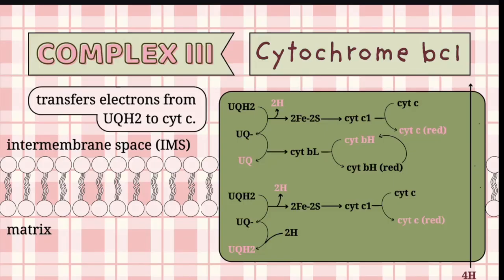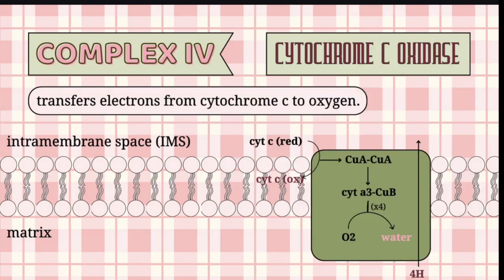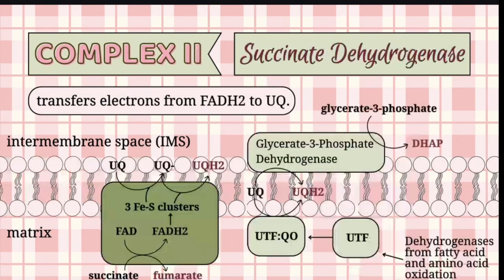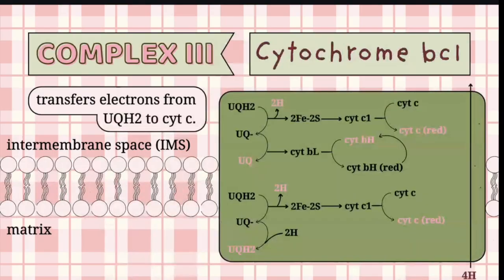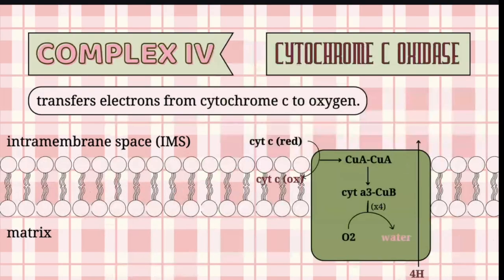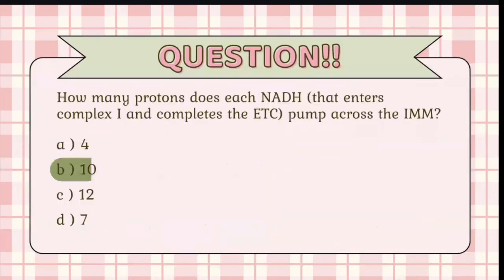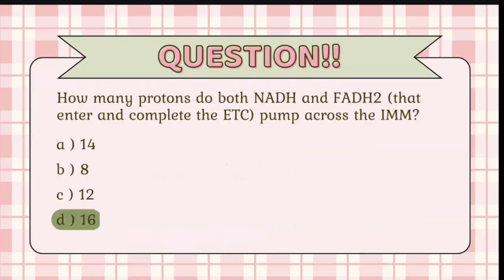So we'll pump 8 protons through complex 3. And then for complex 4, because we got 2 Q cycles, we'll pump 4 protons. So then we're going to get 4 plus 0 plus 8 plus 4 is 16 protons pumped for both of them. Okay? Does that make sense or no?